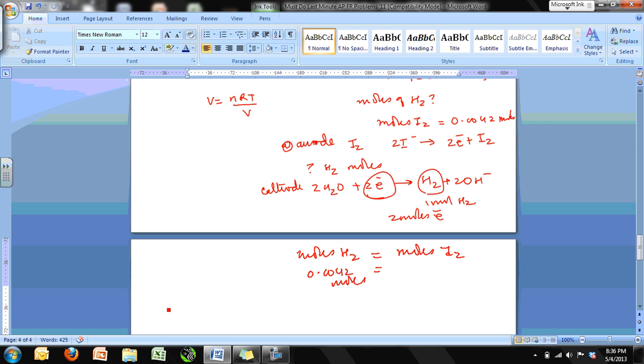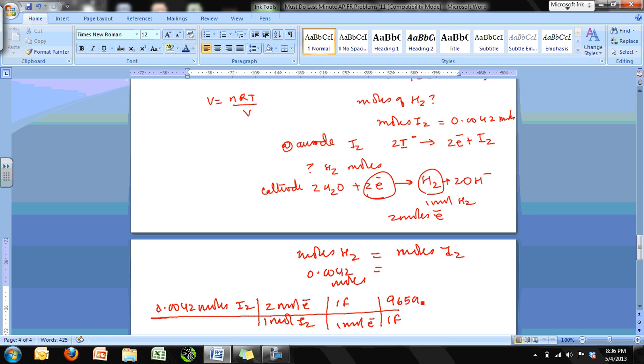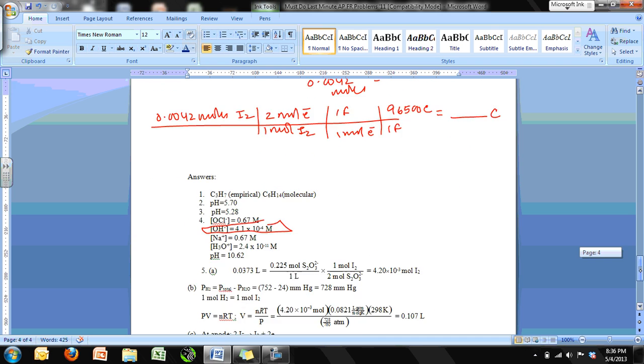The other way of thinking is in terms of Faradays. 0.0042 moles of iodine were formed, and to make 1 mole of iodine, you need 2 moles of electrons, and 1 mole of electrons is 1 Faraday, and 1 Faraday is 96500 coulombs, so you can figure out how many coulombs of charge were used.